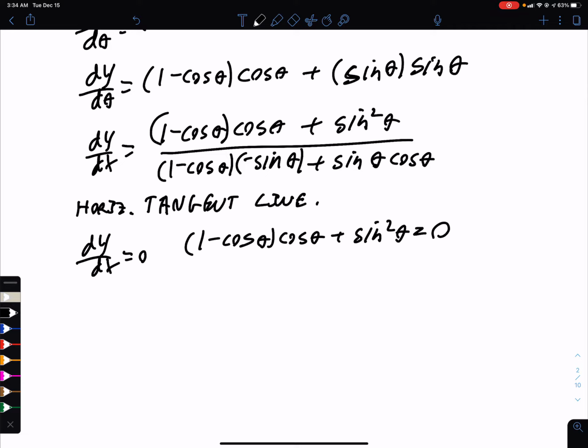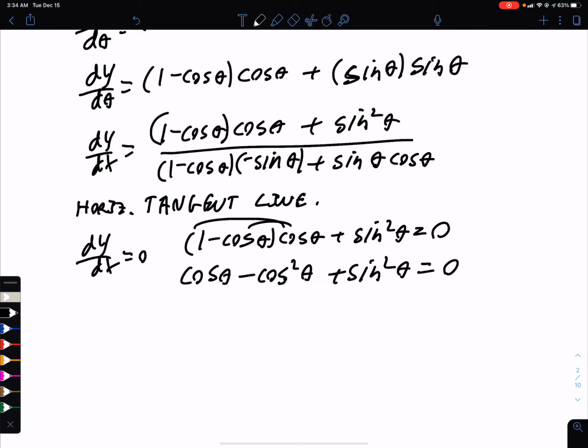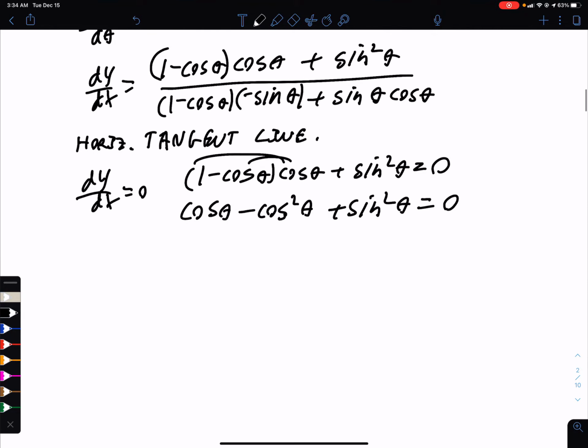Let's look at this. So let me rewrite this. Distribute the cosine. So it's going to be cos theta minus cos squared theta plus sine squared theta equals 0. Well, here's my thought. I'm going to rewrite sine squared as 1 minus cosine squared.